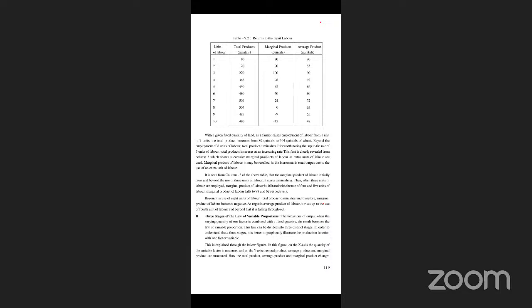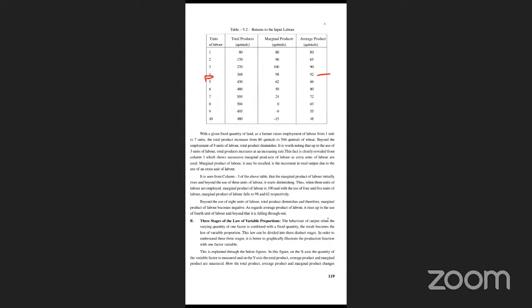And you see the average product of labor is rising. And when it is at the 4th unit of labor, it is falling. That is 92. When it is the 4th unit.